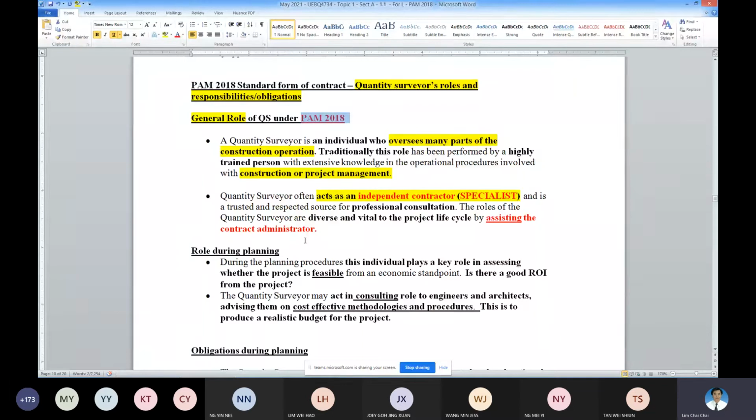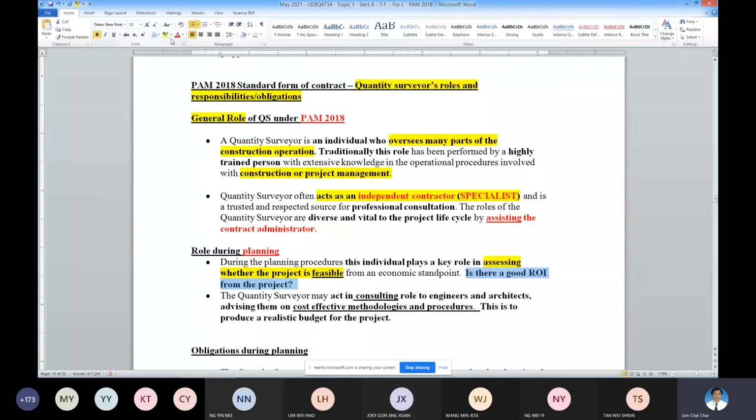So what are the other roles? The other roles will be during the planning stage. What are the roles of the QS? Assessing whether the project is feasible or not. That means whether the return on investment, ROI, is reasonable or not.